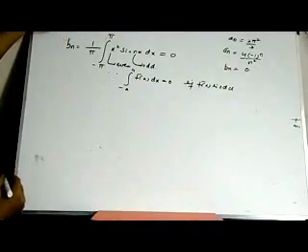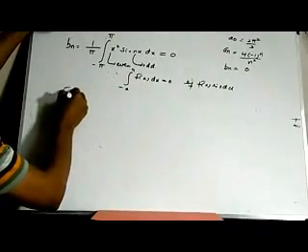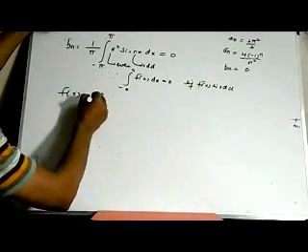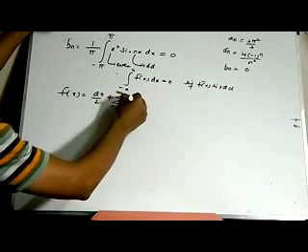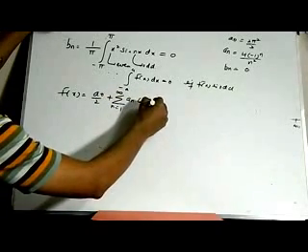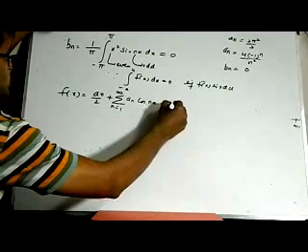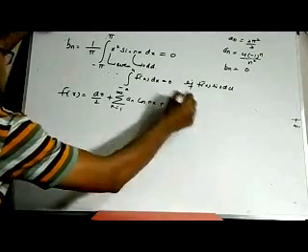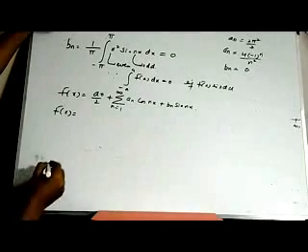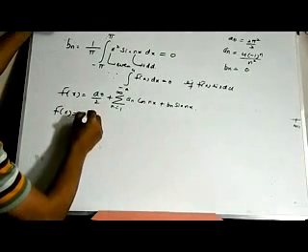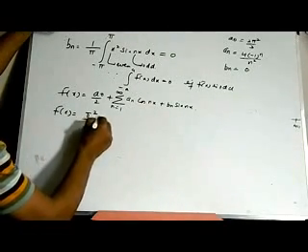So what will be the Fourier series of the function? f(x) will be equal to a0 by 2 plus summation an cos nx plus bn sin nx. Substitute the value of a0. What is a0? 2π square by 3, so it will be only π square by 3, plus summation.